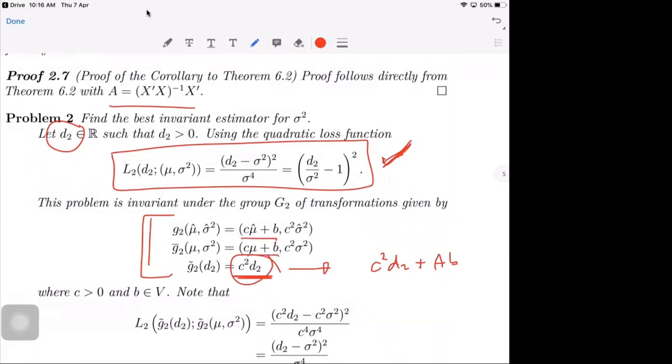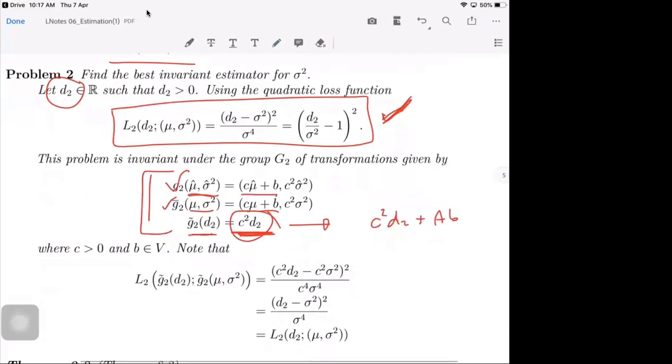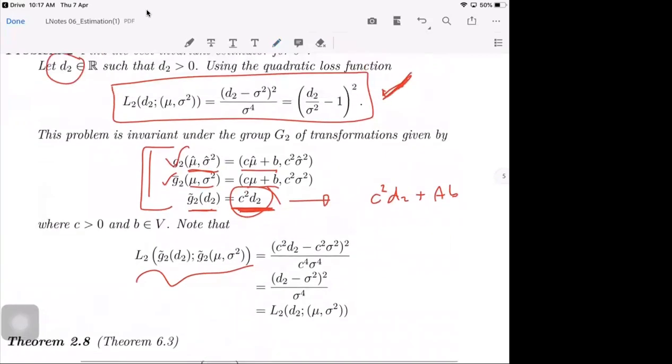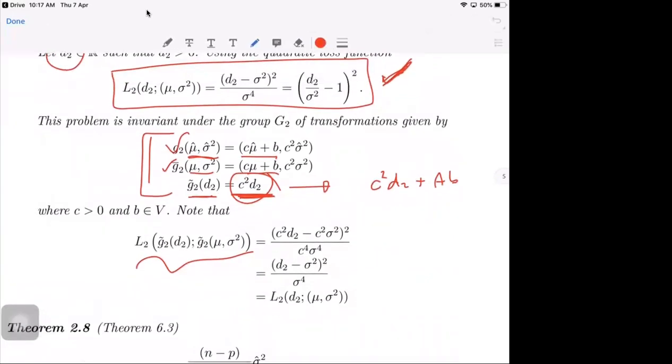You still retain the parameter and estimator space, but the action space will just be C squared D2. So that if you try to apply the loss function on the transformation G2, you will still get the original function.